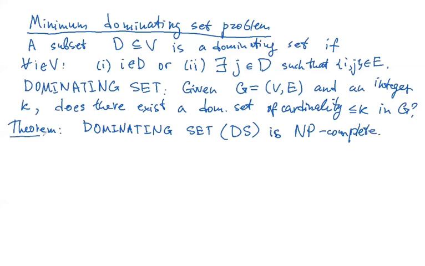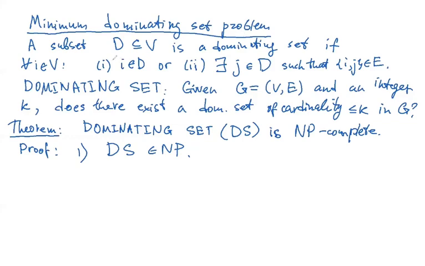So for the proof, again, we'll have two parts. The first part will be DS belongs to the class NP. And this, again, is straightforward because once we have a dominating set with K or less vertices, we can use it as a certificate for any yes instance of the problem.